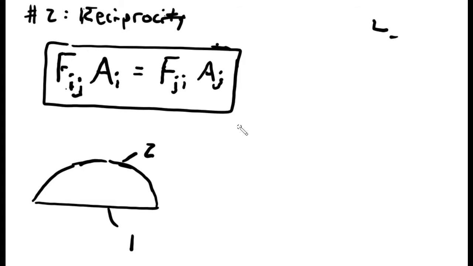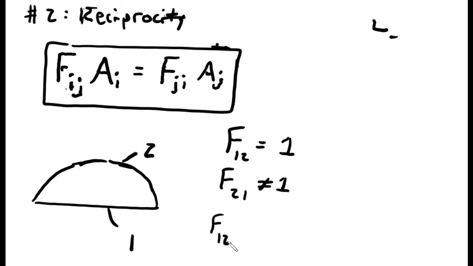So we already know by the unity rule that the view factor from 1 to 2 has to be 1, okay? But we already said the view factor from 2 to 1 is not 1. Then we can now prove that to ourselves, because we can say the view factor from 1 to 2 times area 1 has to be equal to, using the reciprocity rule, the view factor from 2 to 1 times area 2.